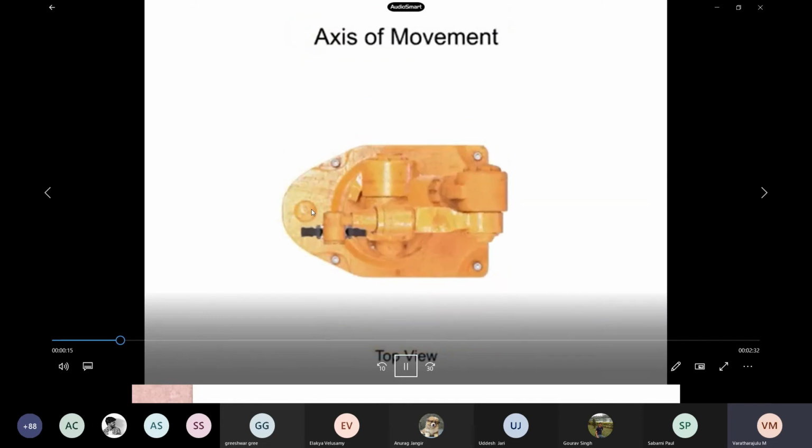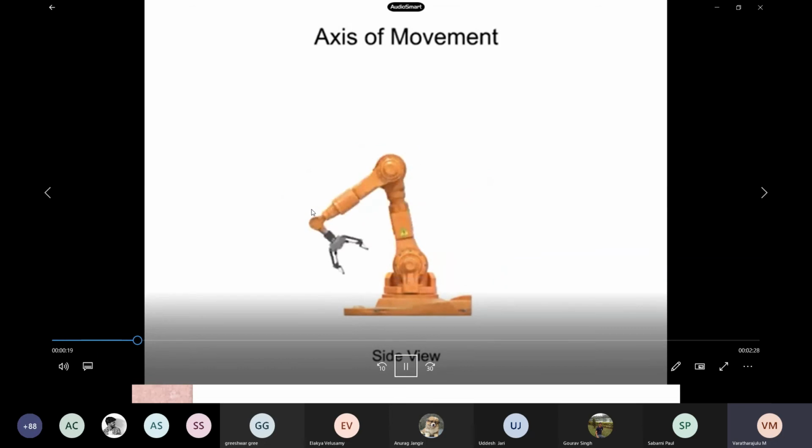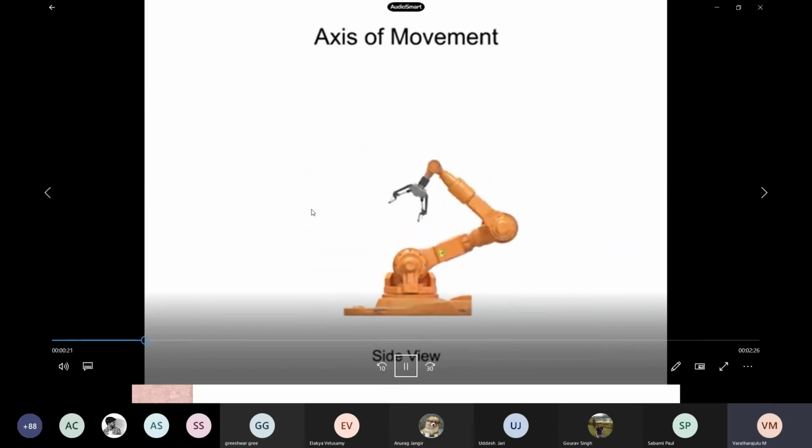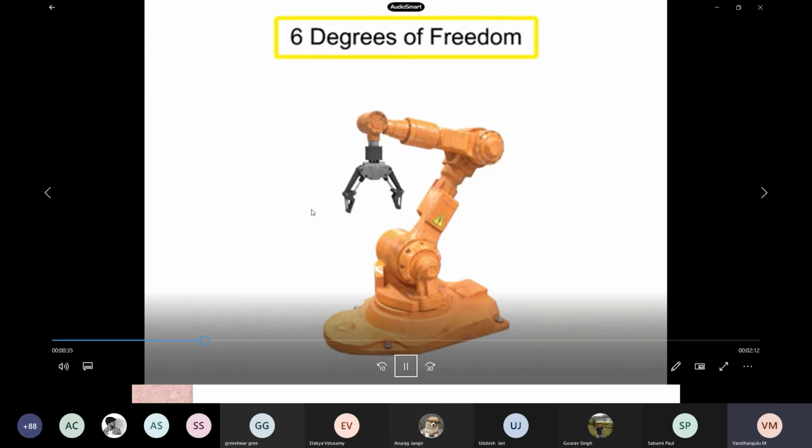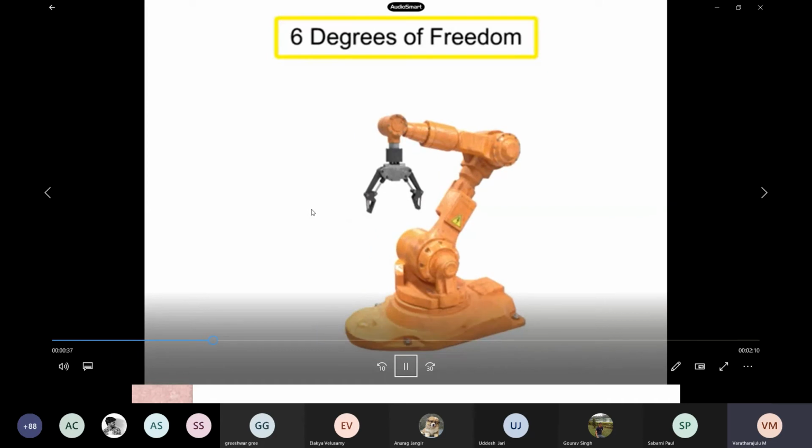This robot rotates at the waist, bends forward and back at the shoulder, and moves vertically at the elbow. Each single movement axis is equal to 1 degree of freedom. This particular robot is equal to 6 degrees of freedom.